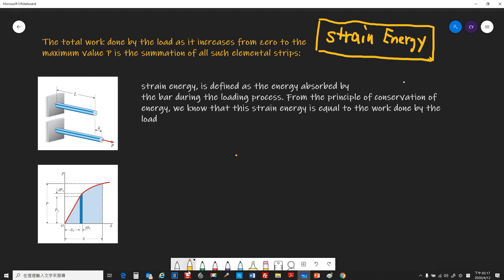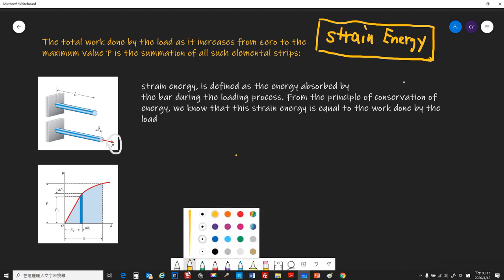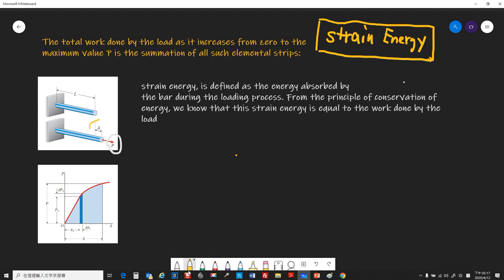What is strain energy? I think this is a bar supplied by the loading, and there is a deformation.